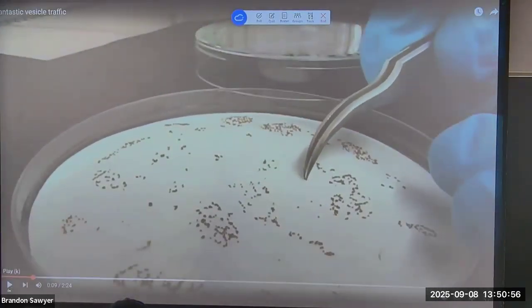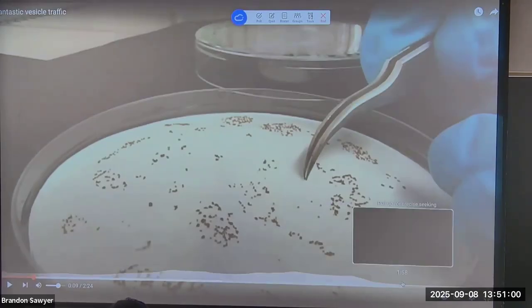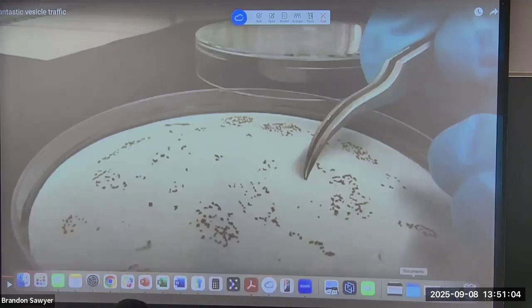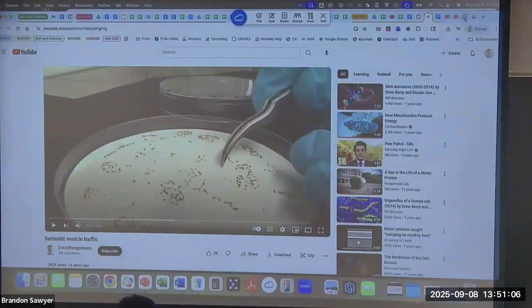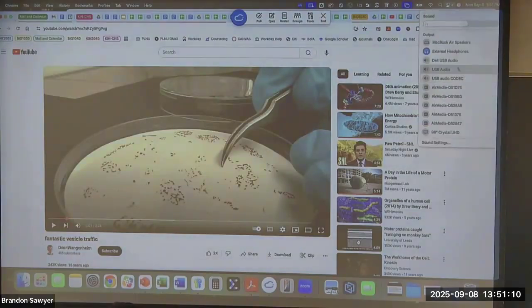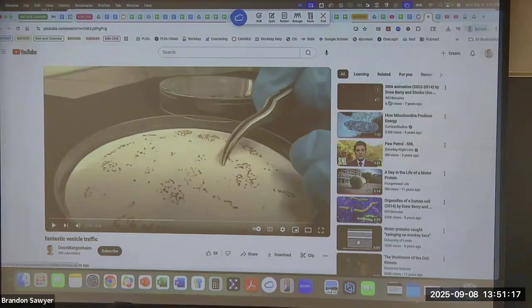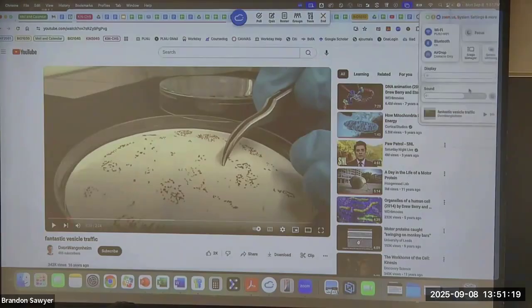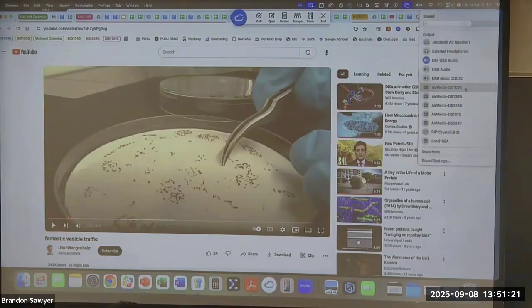There is kind of cool music. Let me see if I can get that to work real quick. It's not that cool, but it's just better than being completely silent. Look at all those speaker options.